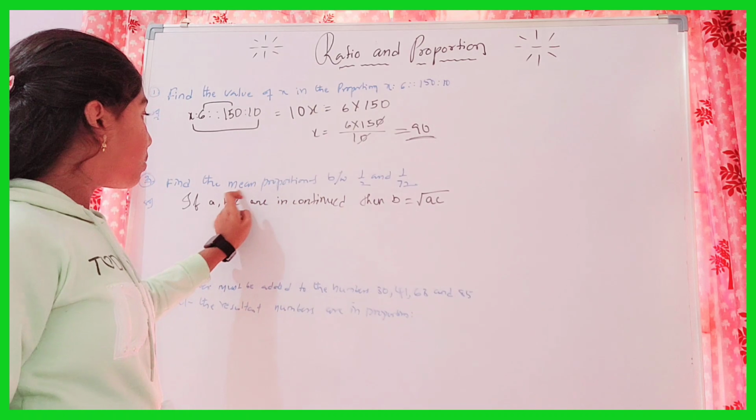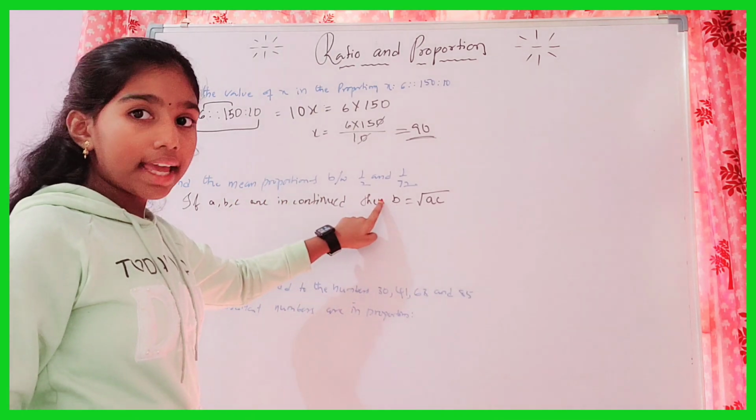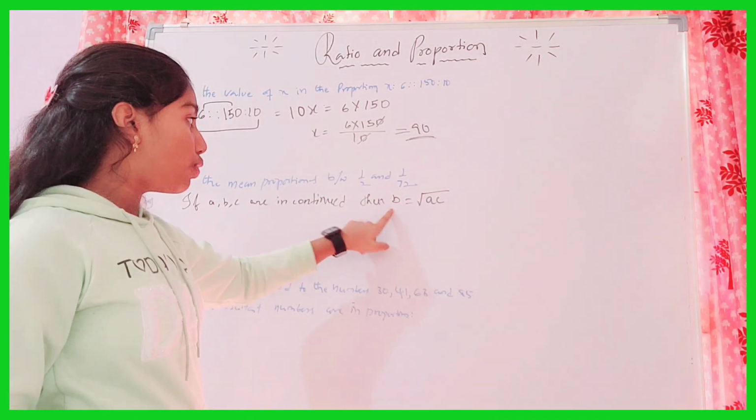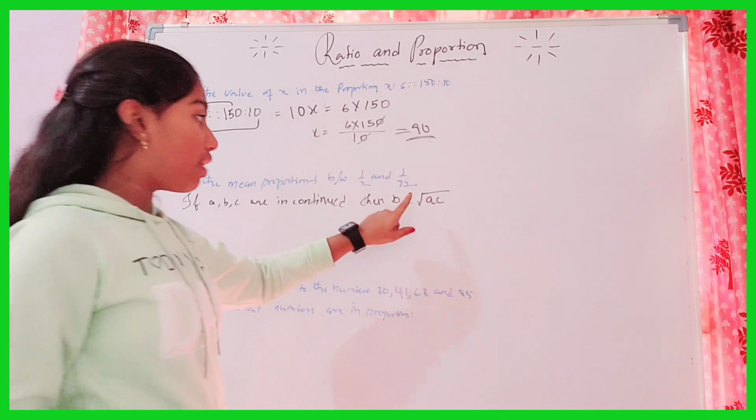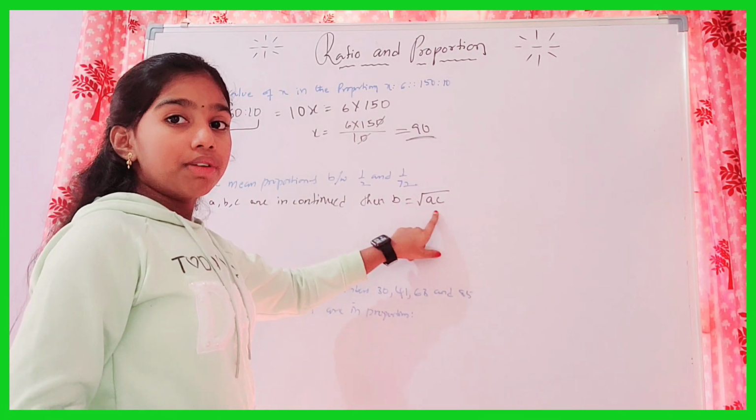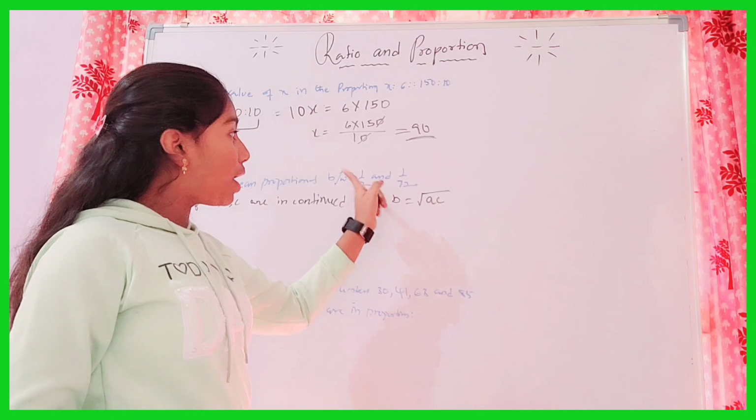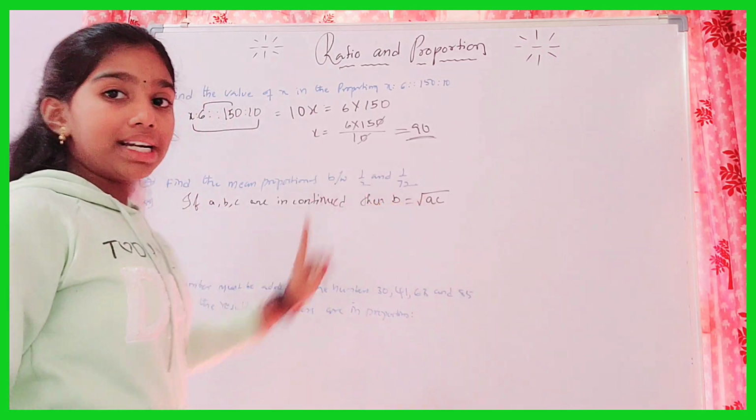Here we don't know the mean proportion, B, so we have to find this B value with this formula. We know A and C, that is 1 by 2 and 1 by 72, and here it is multiplication.